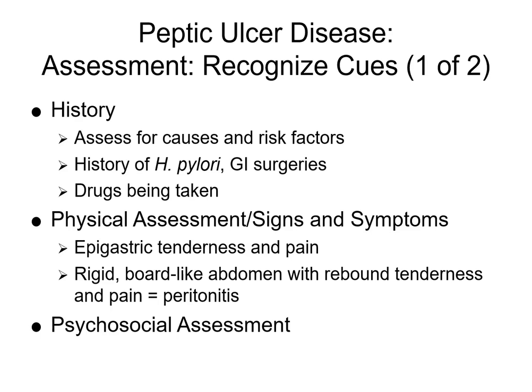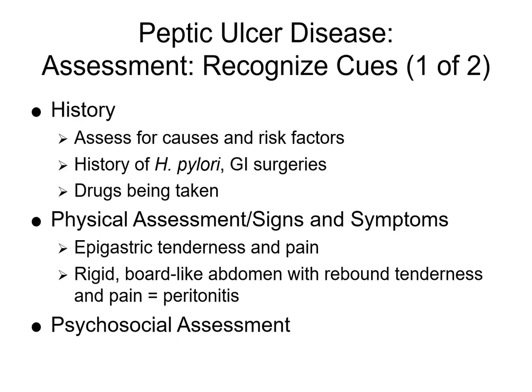Okay, and then we got the symphysis pubic area there, and we got the epigastric up here. So where in the abdomen are they going to hurt with peptic ulcer disease? Where's what we call the stomach? It's epigastric. So they're going to have more epigastric tenderness and pain, and it shows you where it's located.